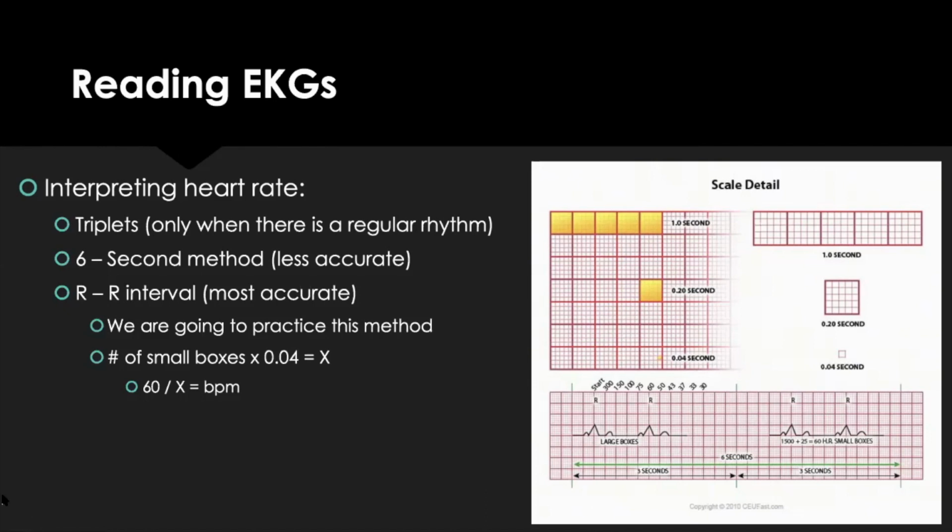The most accurate way of determining heart rate is through the R to R interval, but you can only use this for a regular rhythm. And basically, it's the number of small boxes times 0.04, and you use 60 divided by that number that you found, and that's going to be beats per minute.